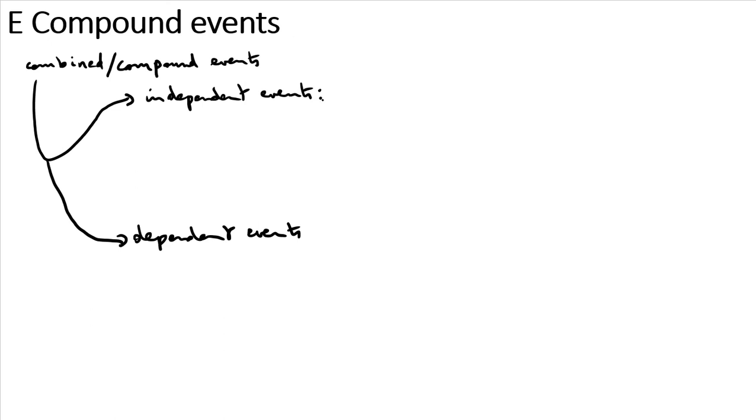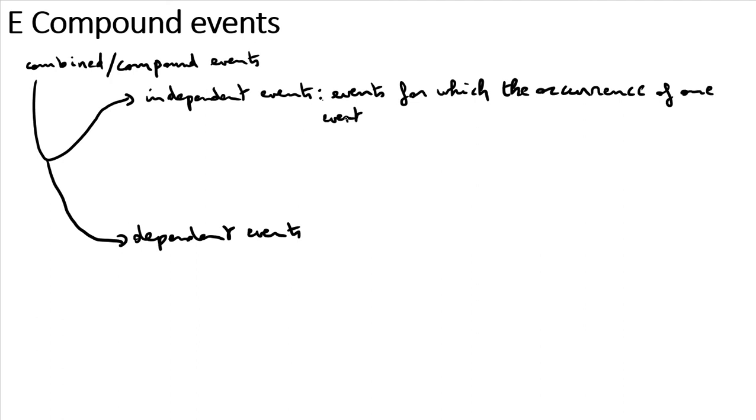So events for which the occurrence of one event doesn't affect the occurrence of the other event.